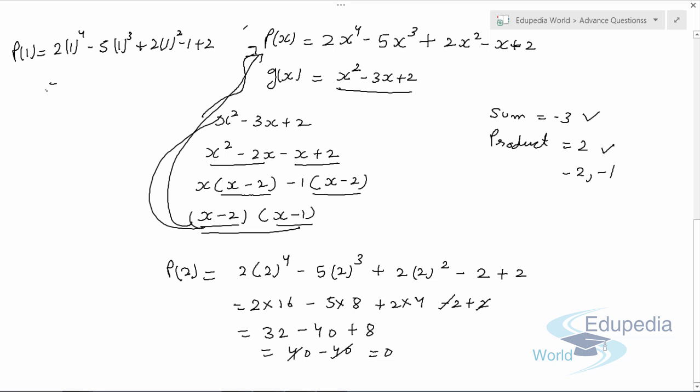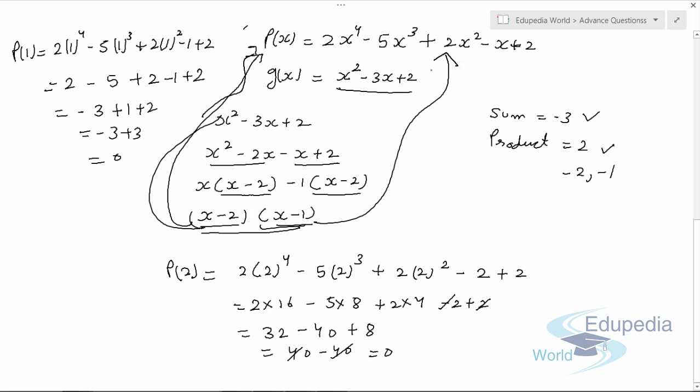So what we get is 2 minus 5 plus 2 minus 1 plus 2. That gives minus 3 plus 1 plus 2, which is minus 3 plus 3, which is again 0. So this means this is again a factor of this polynomial.